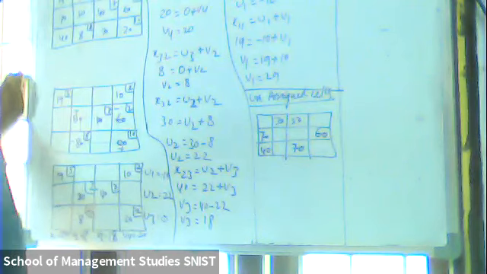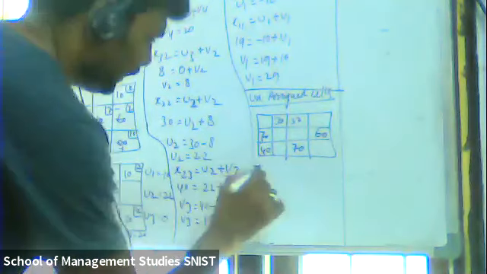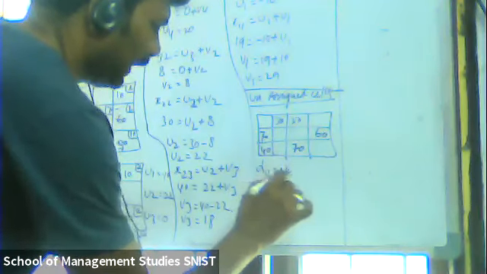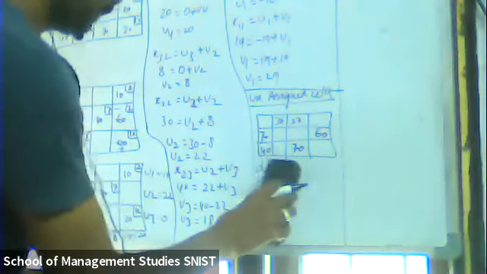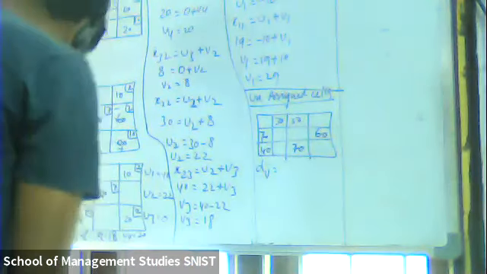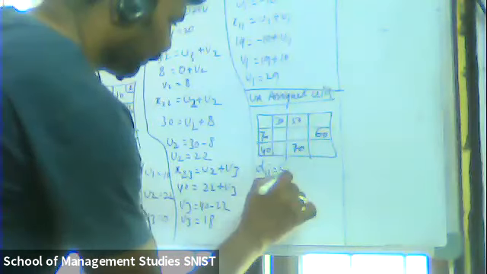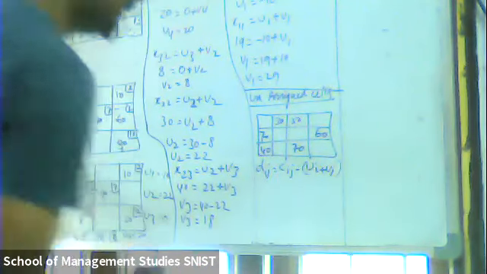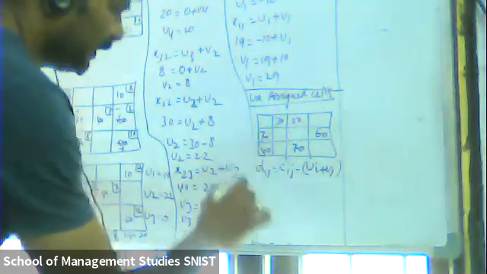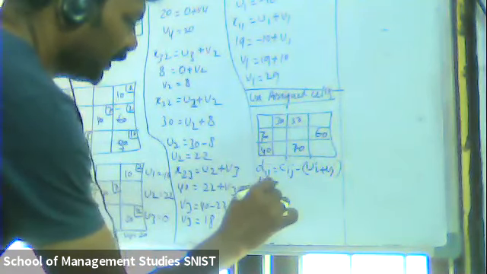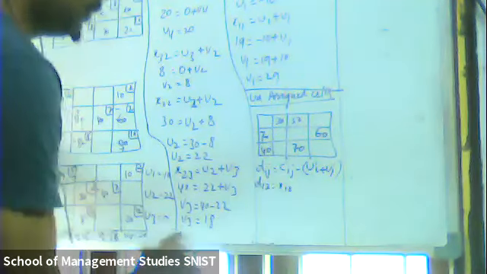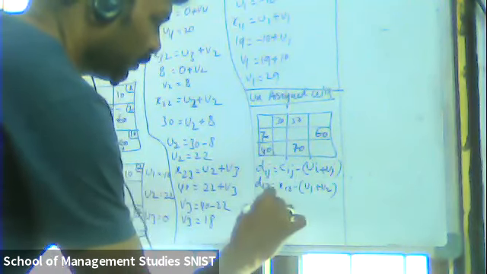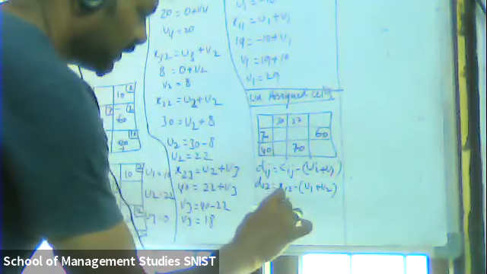Okay, so first, Dij equals Cij minus (Ui plus Vj). So D12 equals C12 minus (U1 plus V2). C12 how much? Which is 30.